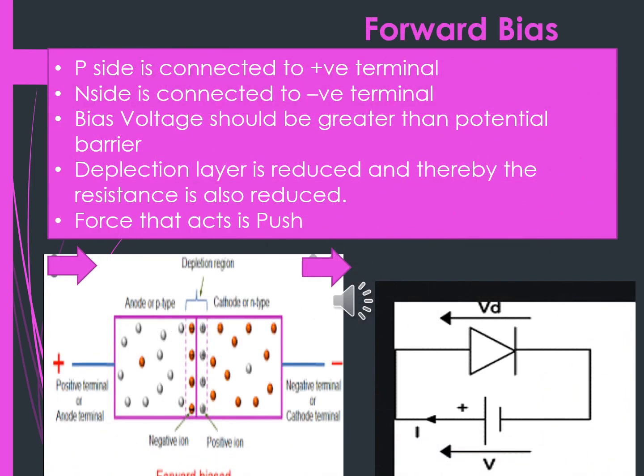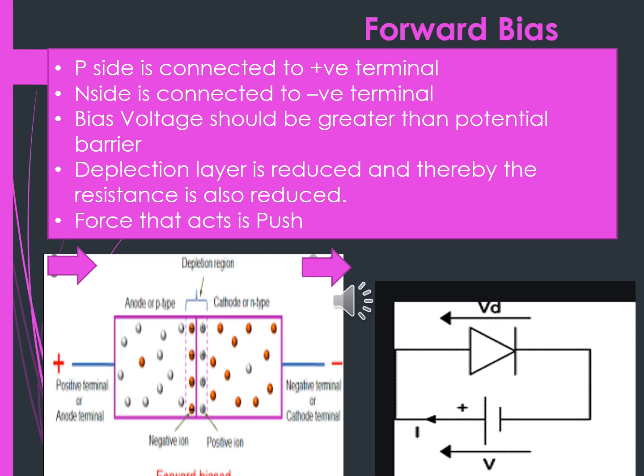The next topic is forward bias and reverse bias. We know about the diode, that is the p-n junction, with one p and another n. When the p is connected to the positive terminal and the n is connected to the negative terminal, it is a forward bias.